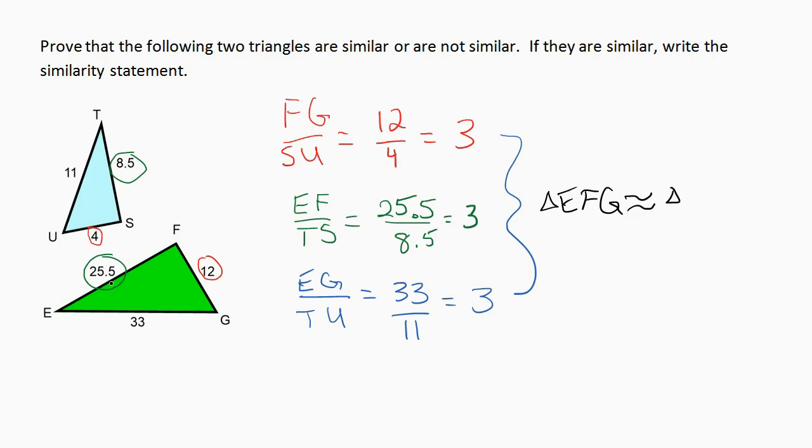So angle E, which is the one on the long skinny end, should be the same as T. F is in the middle, the 90-degree looking angle, and that lines up with S, so S will come next. And G is last. There's only one angle left. Triangle EFG is similar to triangle TSU.